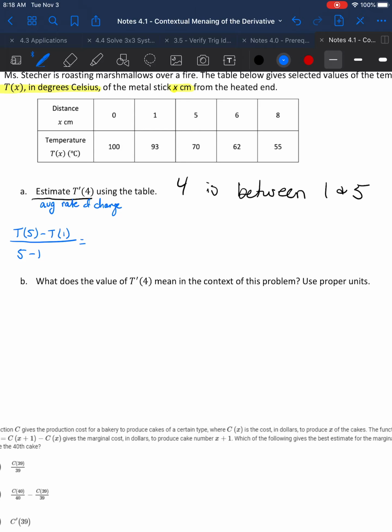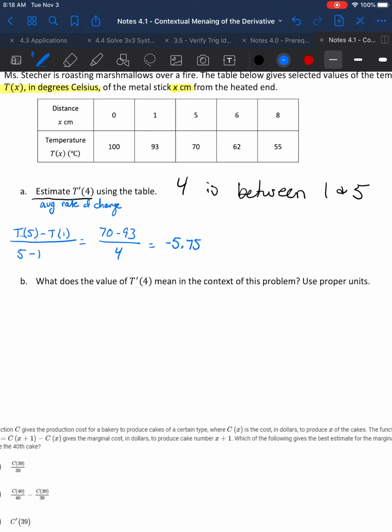So the temperature at 5 is 70. The temperature at 1 is 93. 5 minus 1 is 4. We get negative 5.75, and let's go ahead and put our label on here. I know it didn't ask for it, but always put your units.